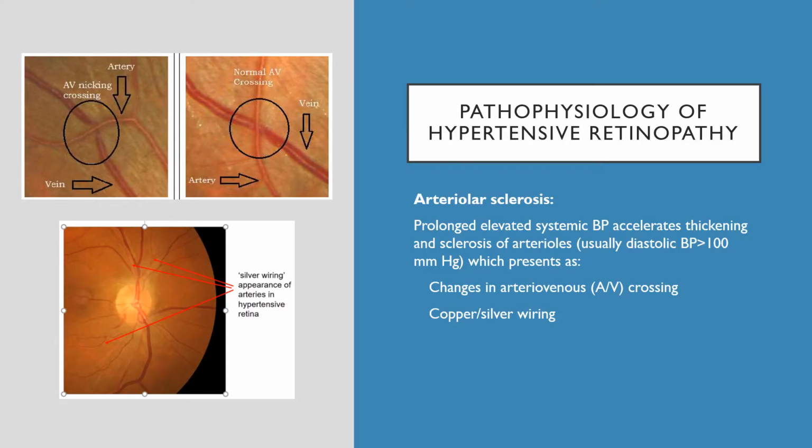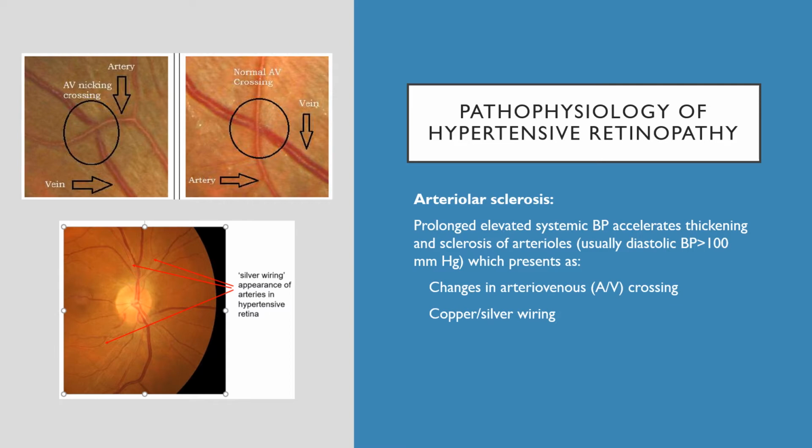Looking at the pathophysiology and focusing on arteriolar sclerosis, we can see a number of changes due to the hypertensive retinopathy. So arteriolar sclerosis is due to prolonged elevated systemic blood pressure.